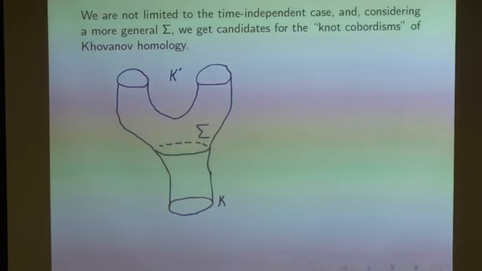And by solving the five-dimensional equations in this situation, and counting solutions, and weighting them by the instanton number and fermion number, we get what in Khovanov homology would be called the knot cobordism. Or I should perhaps say the picture is called the knot cobordism. We get what in Khovanov homology would be called the morphism associated with the knot cobordism.